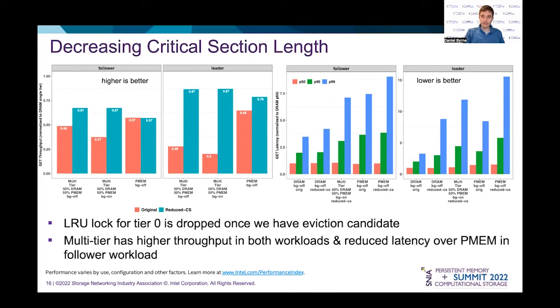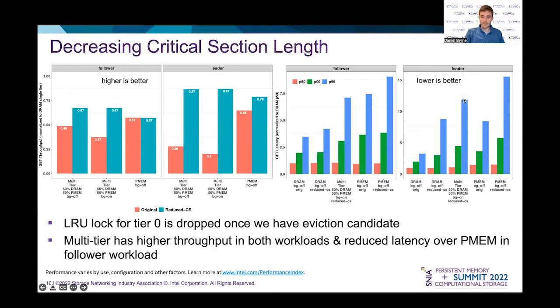And you can see in our leader workload, the leader workload actually has higher P99 latency compared to PMEM original implementation. So in our multi-tier configuration, we get a higher P99 latency there.